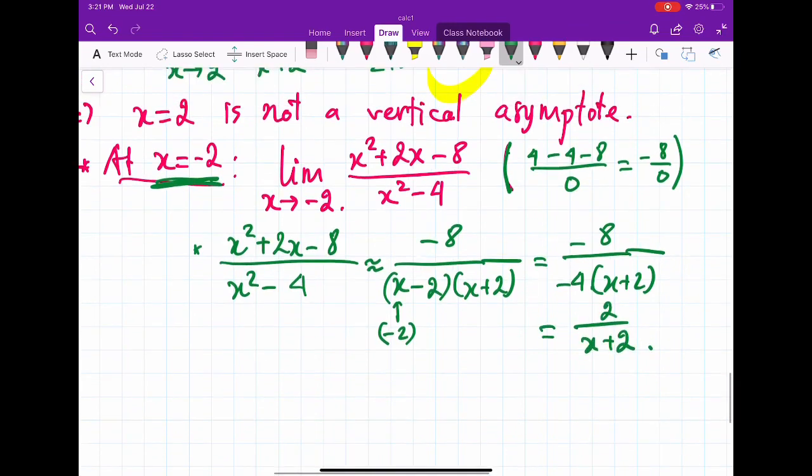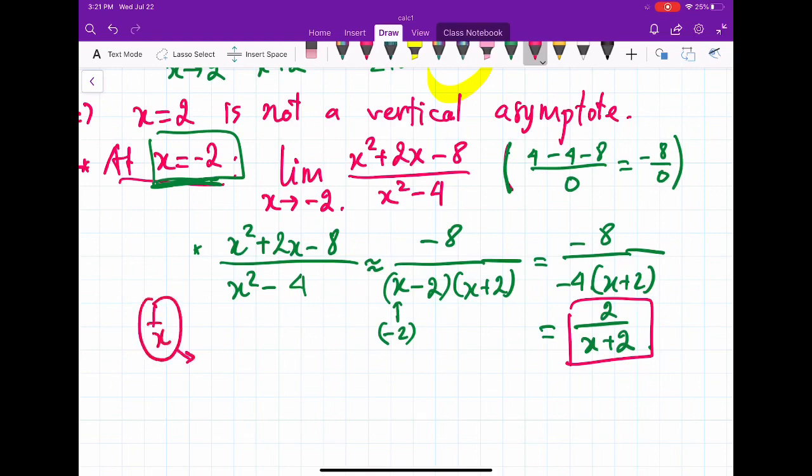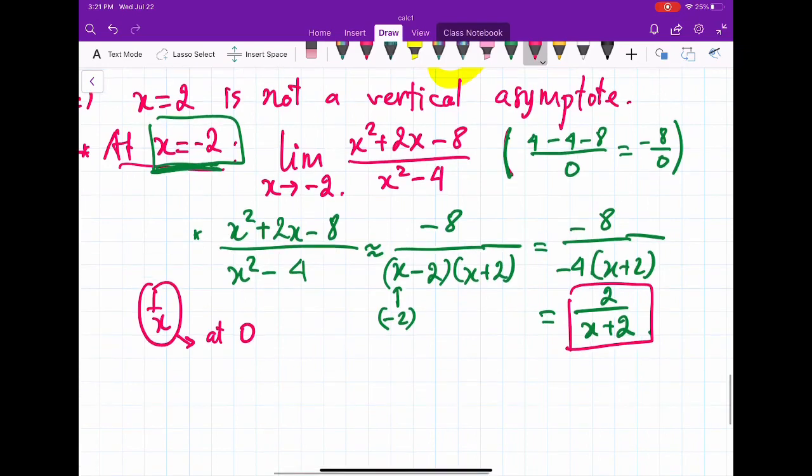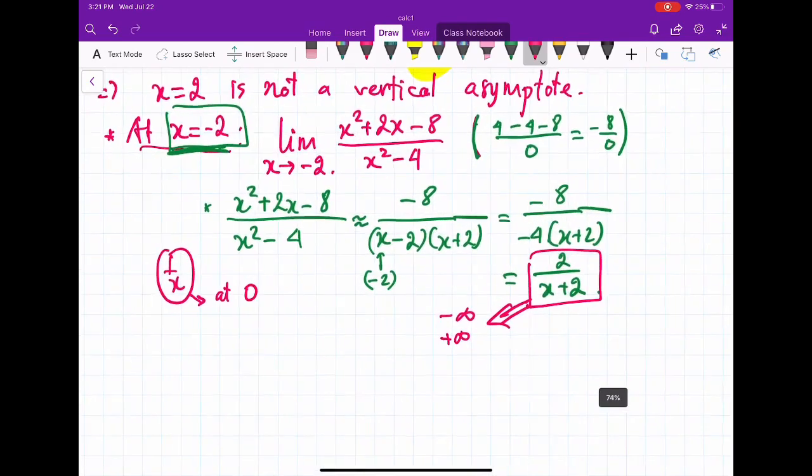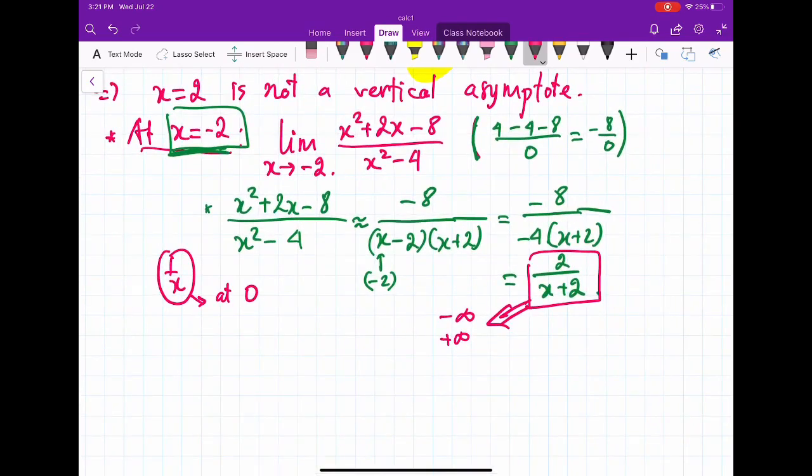And we know exactly that at negative 2, this function does not have a limit, like 1 over x, right? But the one-sided limit of this function is negative infinity if x approaches negative 2 from the left, and positive infinity if x approaches negative 2 from the right. So this limit does not exist, but the one-sided limits exist, right?